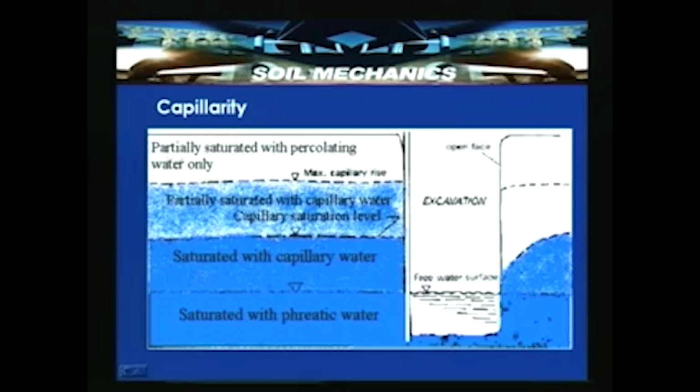Then above that is the percolating water, which is nothing but contact water. So, here we can see the zone partially saturated with percolating water, that is the contact water zone which we have discussed, and this is the partially saturated capillary zone, and this is the completely saturated capillary zone, and this is our conventional saturated zone which is below the groundwater table.